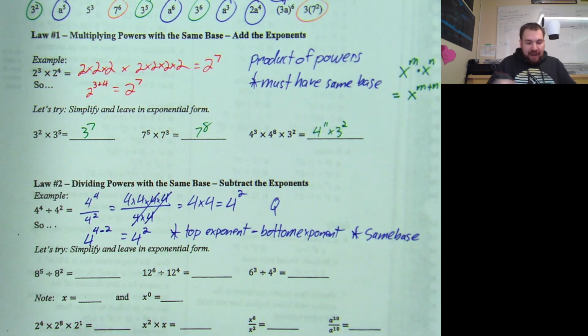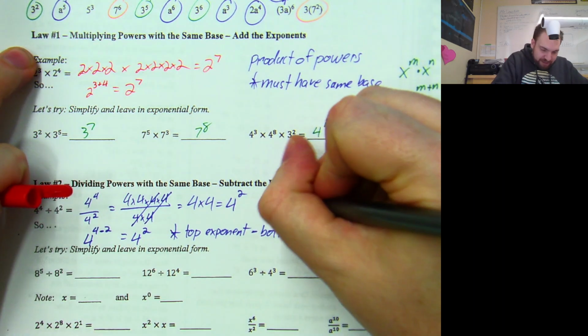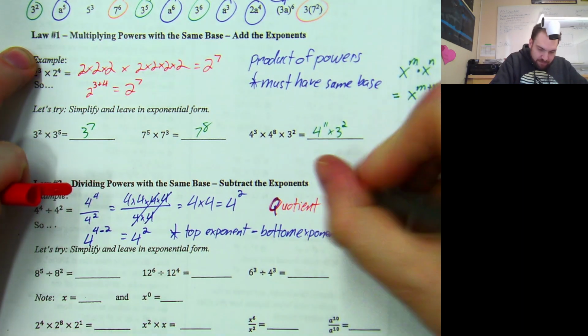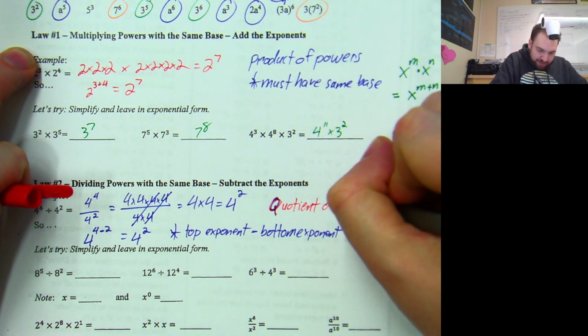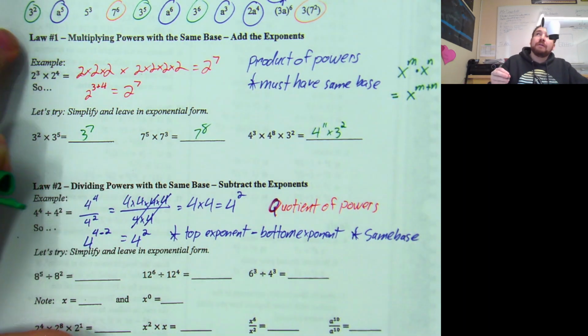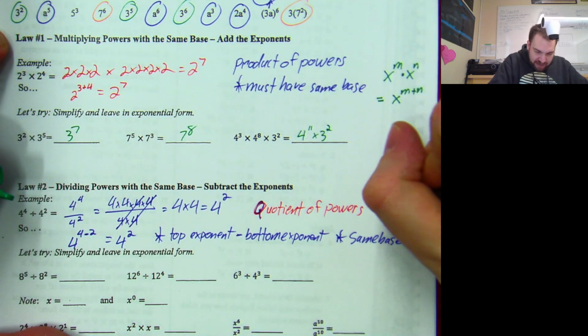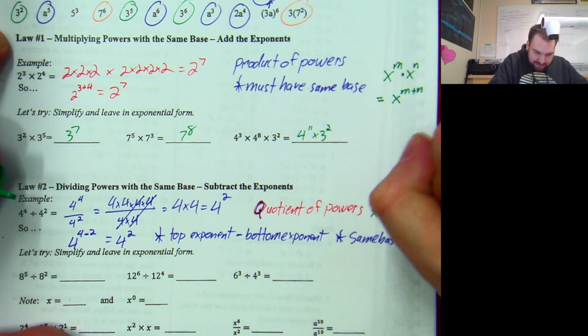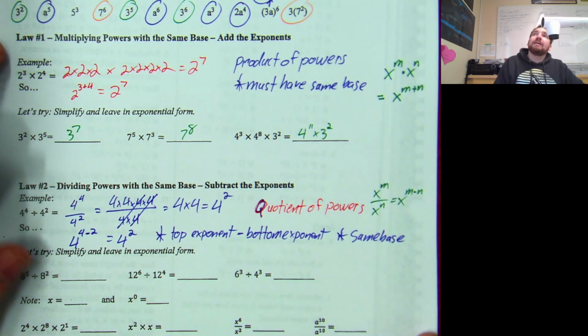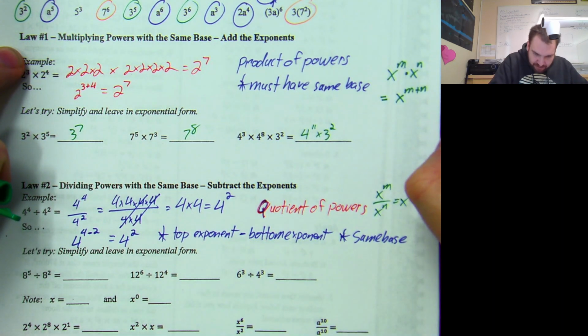I'm going to write that in red because I want to alternate colors. In general, x to the m over x to the n is the same thing as x to the power of m minus n. That's a subtraction in there, not multiplication.